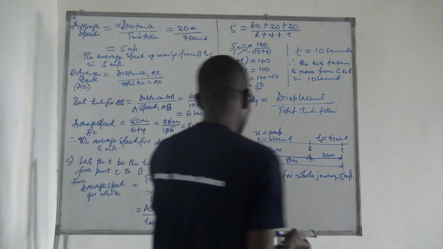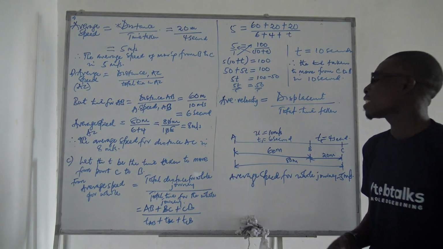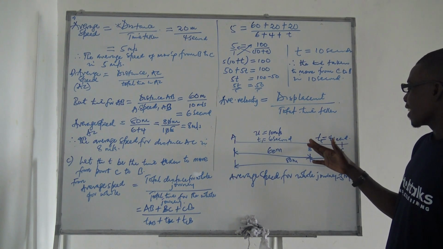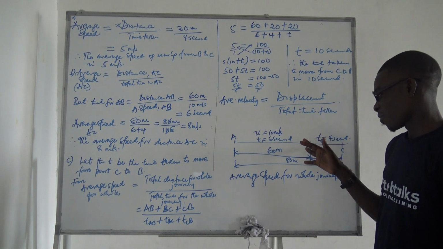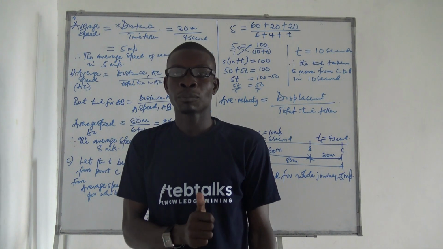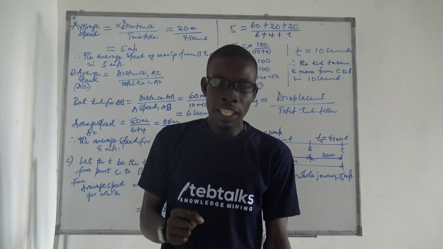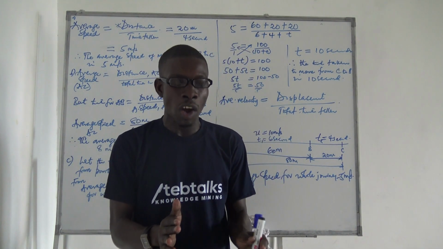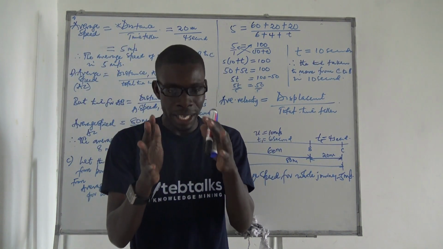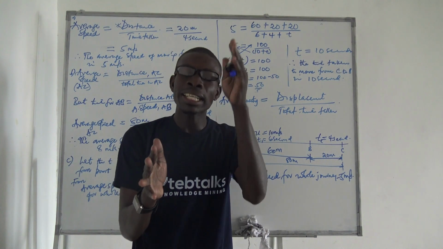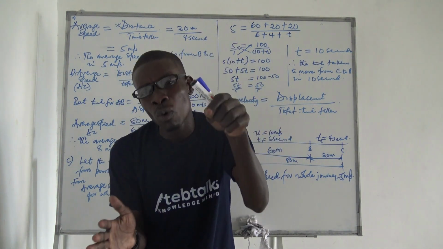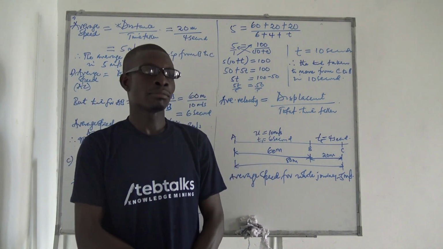Now, what is the displacement of this body in a scenario where it has moved from A to B and then to C and then back to B? Remember we said if a body moved from one point to the other and then to another, displacement looks at the length of the path between where you were and where you are finally.